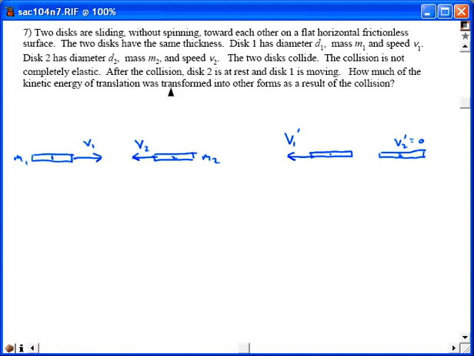How much kinetic energy was transformed? The fact that it's not completely elastic tells us we can't say that the energy was constant, but momentum is still conserved. There are no outside forces tending to speed up or slow down either one of them. So let me establish a reference level.